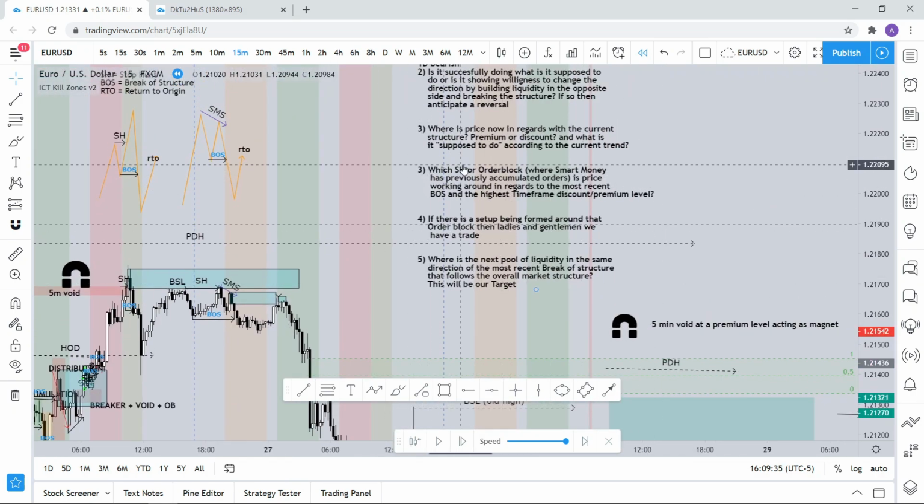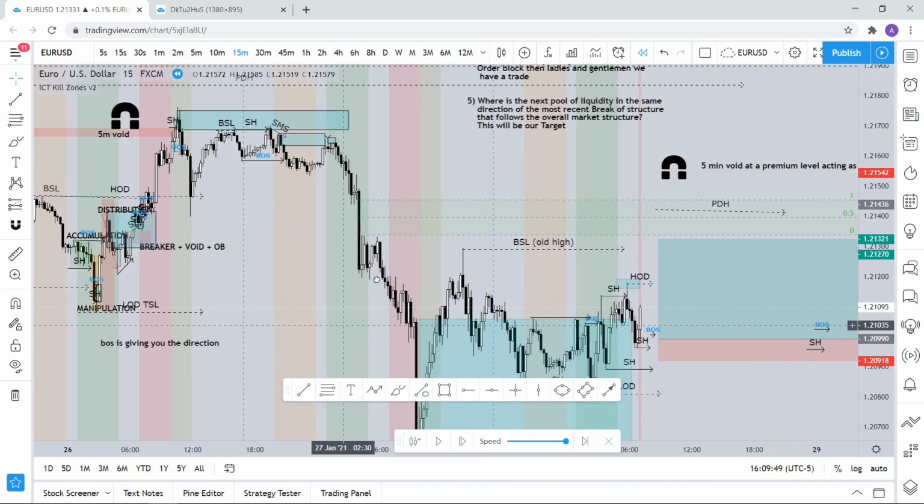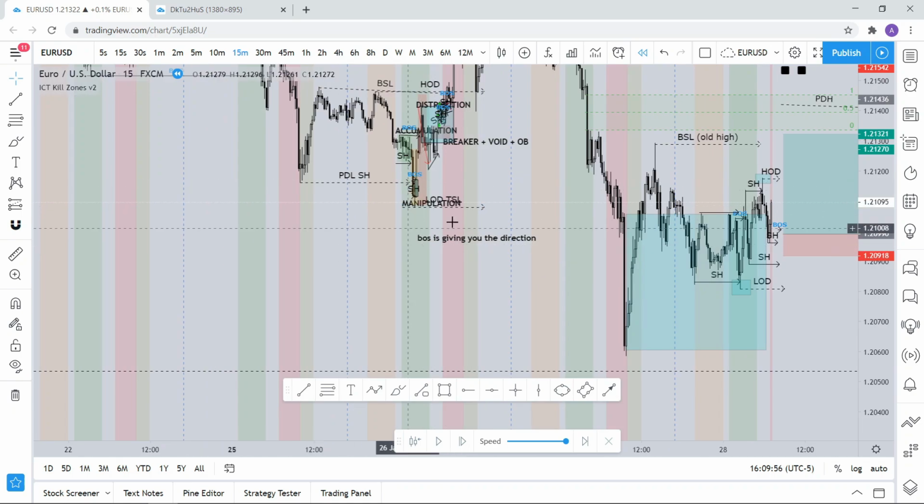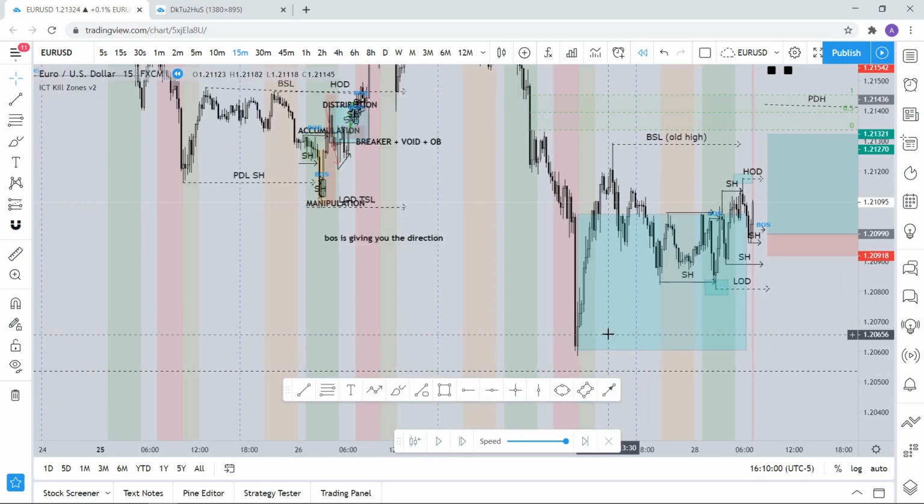So which stop hunt or order block where smart money has previously accumulated orders is price working around, in regards to the most recent break of market structure and the highest time frame discount or premium level? As we said earlier, price came back down, testing and breaking this, taking the liquidity below this daily low and testing the last lower low that wasn't broken.